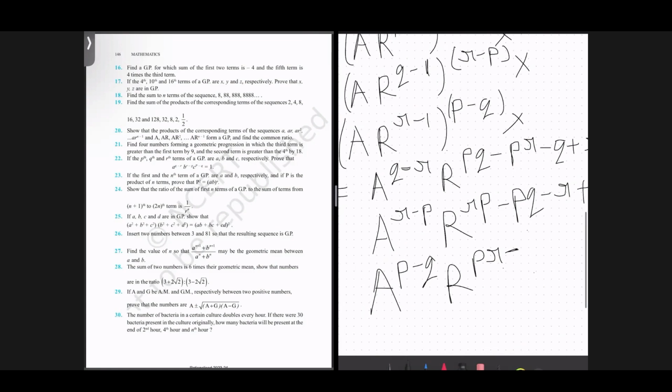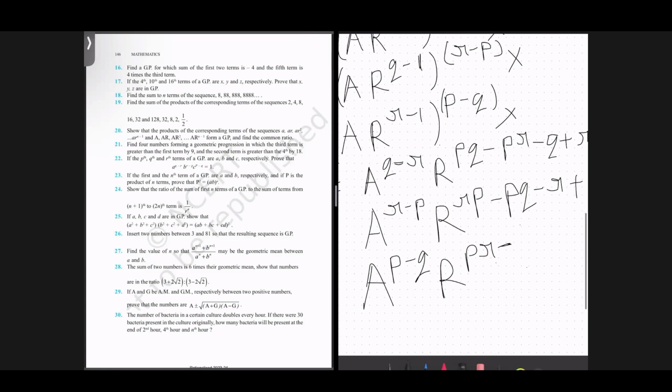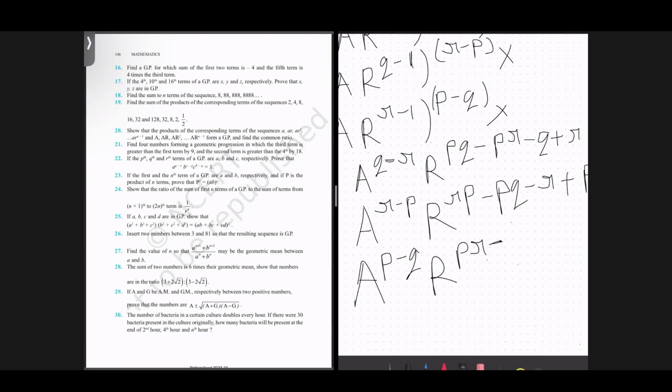I'm sorry, I wrote this term wrong. It's going to be RQ. It's going to be PR right here minus P plus R plus Q. Right. Or wait, I did something wrong right here as well.